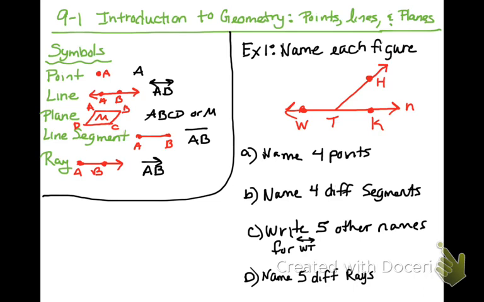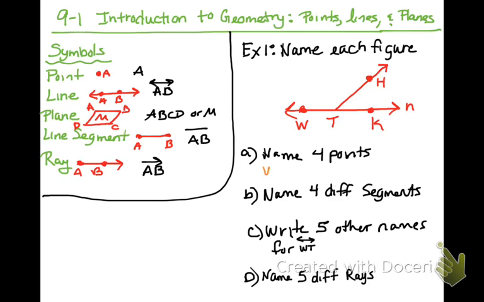Name each figure. The picture is right there for you. We have to name 4 points on this figure. So I have some points that are on the lines. What are 4 points that are on the lines, people?